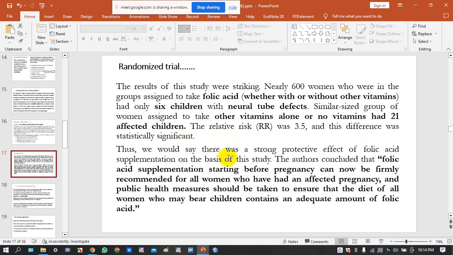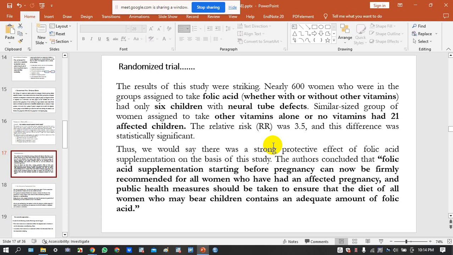Thus, they inferred that there was a strong protective effect of folic acid supplementation on the basis of this study. Meaning that if you take in folic acid, the baby that you produce will not have anencephaly or immature brain, and the baby will not also have neural tube defect, which is a spinal cord anomaly.